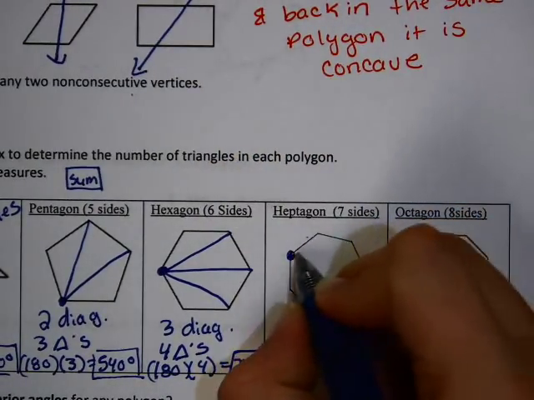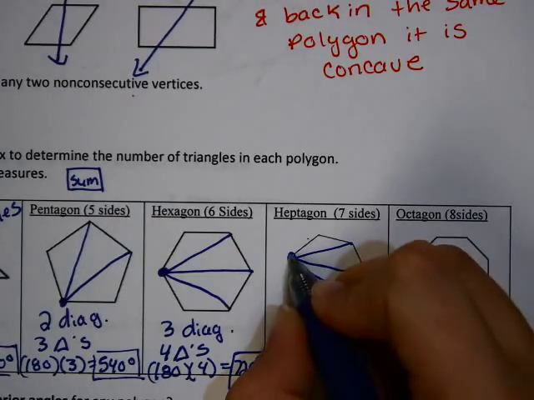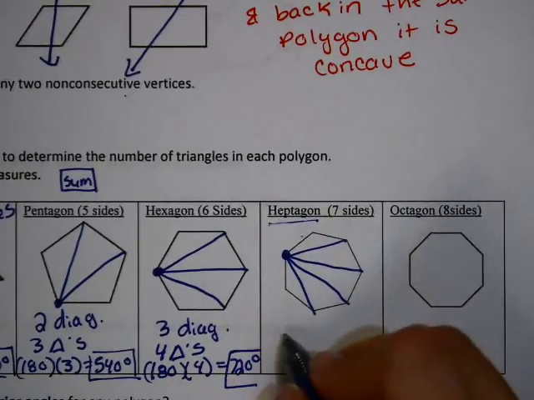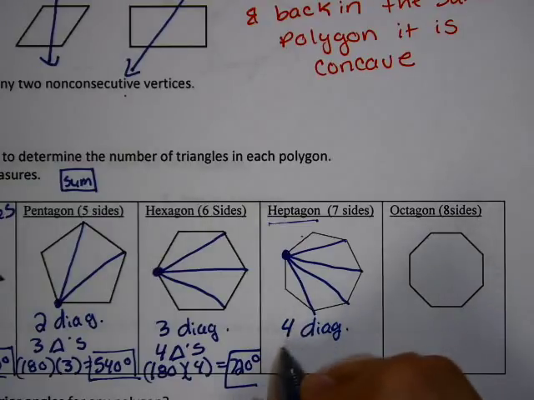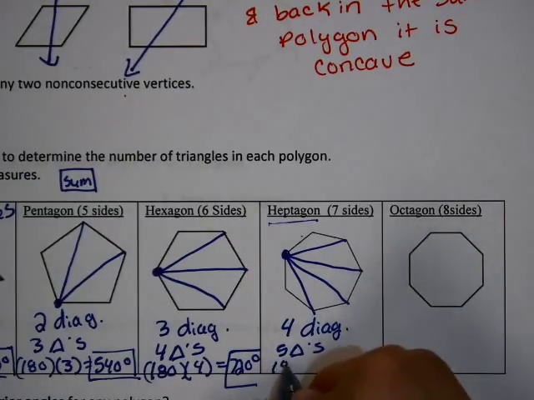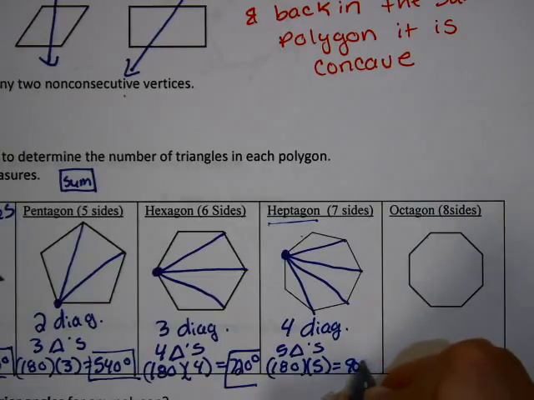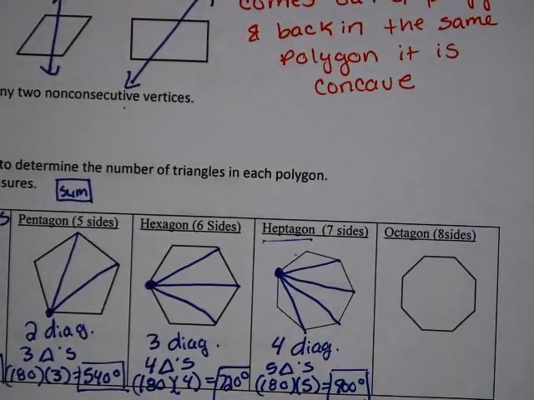All right, so if I use this as my vertex to make my diagonals, this one I have a heptagon, so a heptagon gives me 4 diagonals and 5 triangles. So that means I'll take 180 times 5, and I get 900 degrees for the sum of my interior angles. The last one, we have an octagon.